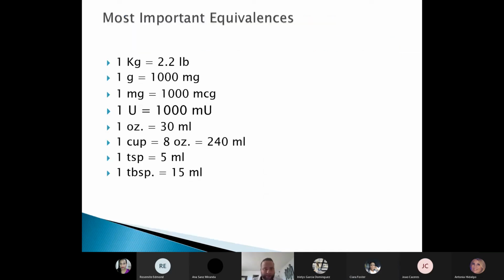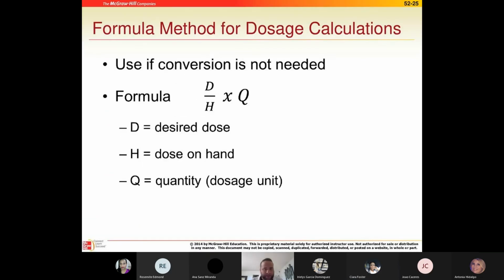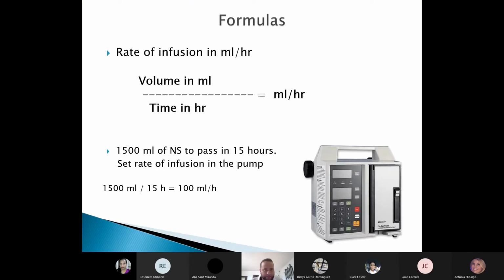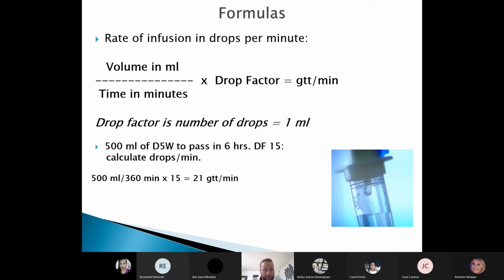Let's see if we have something. Okay, this is the formula for calculation. This is for those calculations. Let's see what your professor's is. This is for the drop factor.